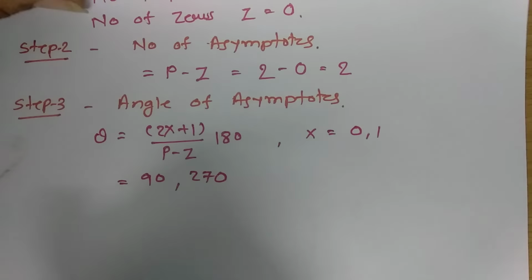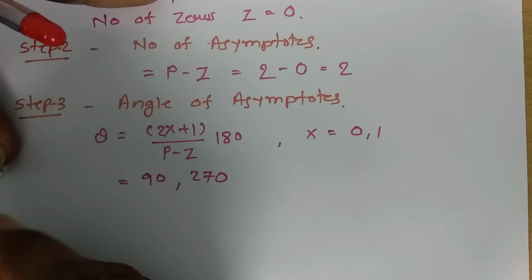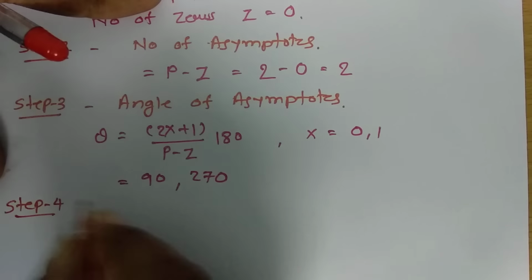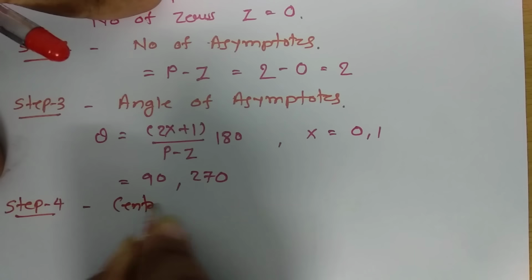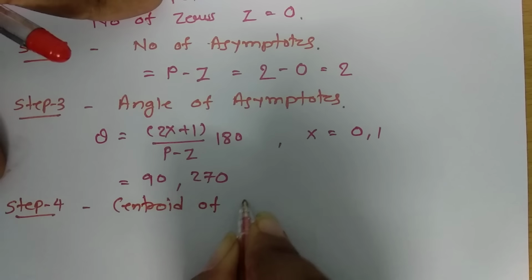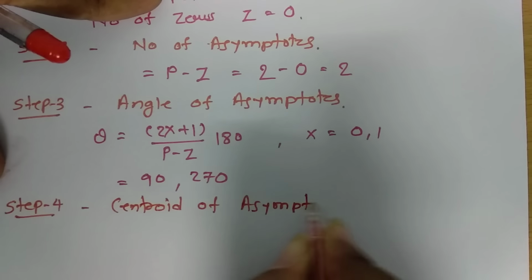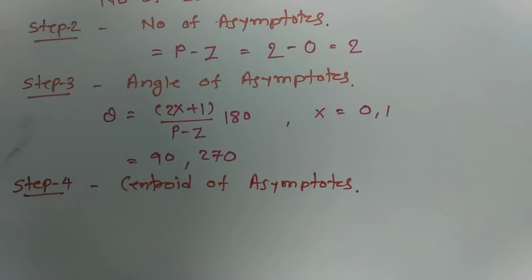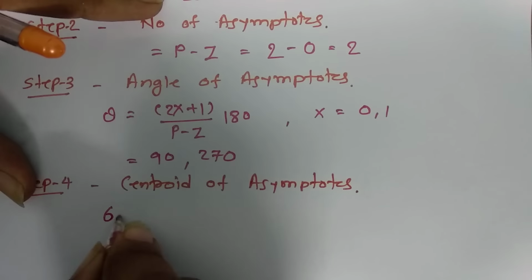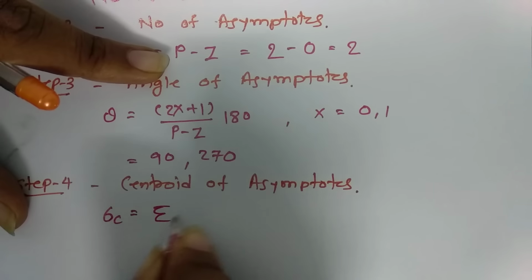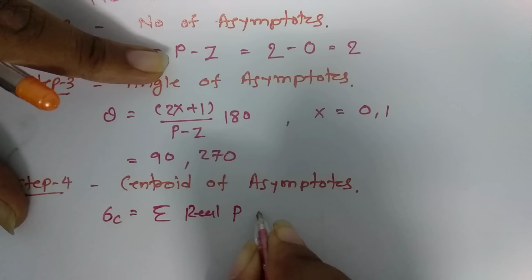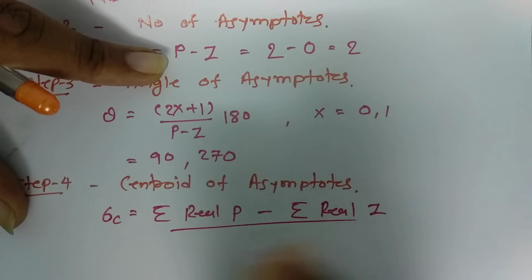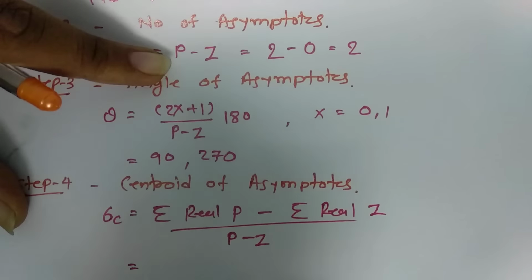Now the next step is the calculation of the centroid of asymptotes. So step number 4 is the calculation of the centroid of asymptotes. For this, the centroid is the summation of real parts of poles minus the summation of real parts of zeros, divided by poles minus zeros.